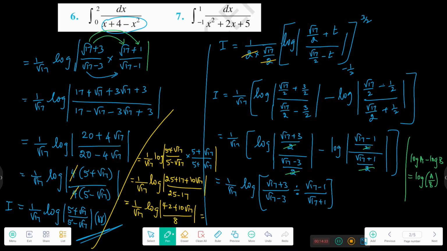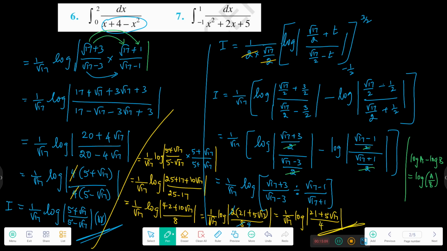Now you can take the common factor outside. 2 you can take, that's it. 1 divided by root 17, and if you take 2 outside it becomes 21 plus 5 root 17, divided by 8. This 2 and 8 you can cancel with the help of 4. So 1 divided by root 17 log of (21 plus 5 root 17) divided by 4.